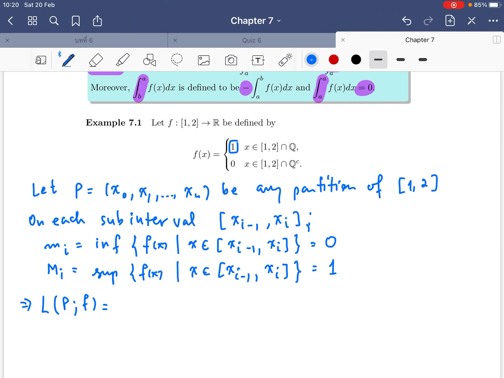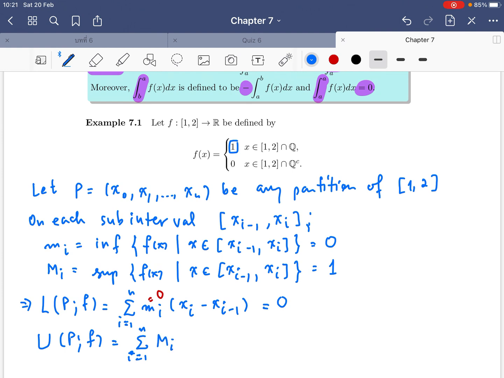So this time you can find the lower sum. Your lower sum will be the summation from i = 1 to n of small m_i times (x_i minus x_{i-1}). However, each and every m_i is 0, so this one is 0. The upper sum will be the sum from 1 to n of capital M_i times (x_i minus x_{i-1}).